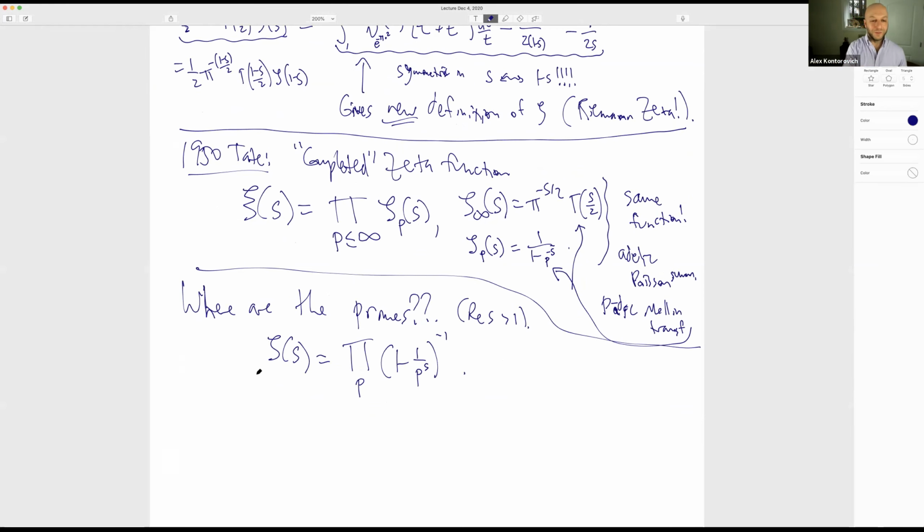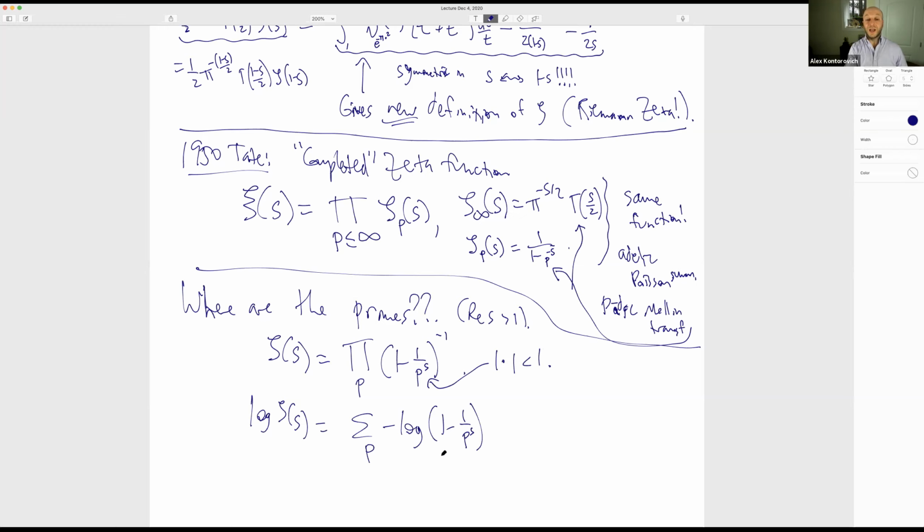We take the logarithm. So log of zeta is a sum over the primes. Negative log. Now we're worried about complex logs. Now we have to think about what we mean by this. But if real part of s is bigger than 1, then all of these numbers are in absolute value less than 1.